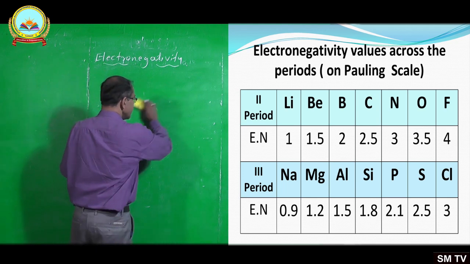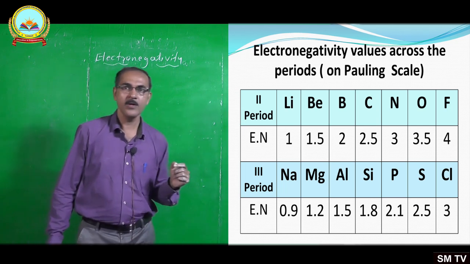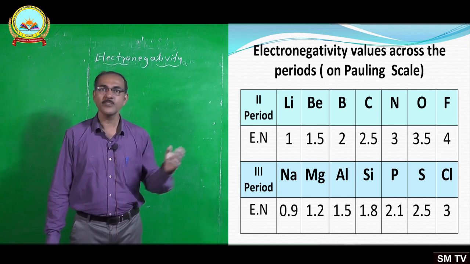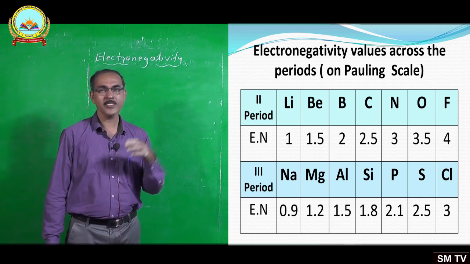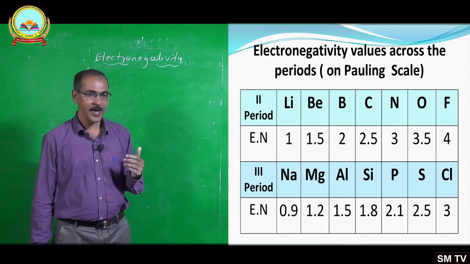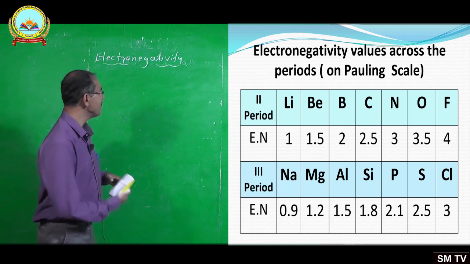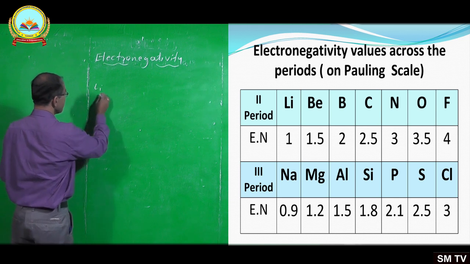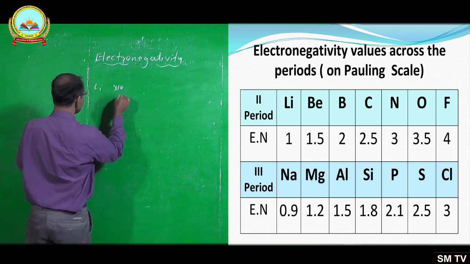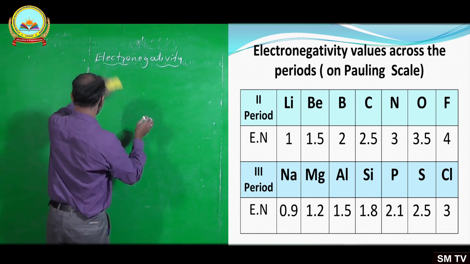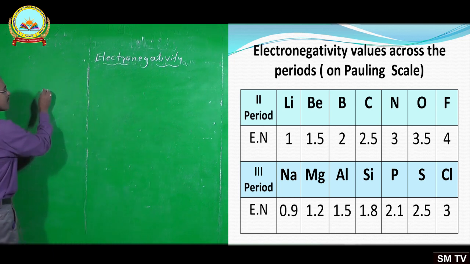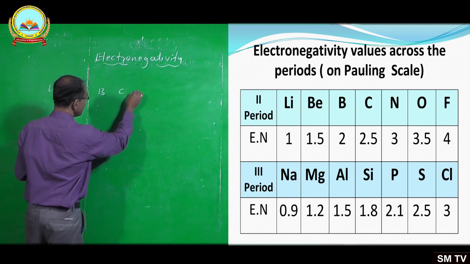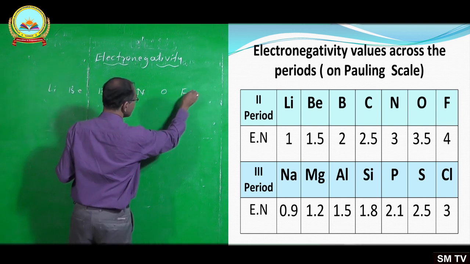Different scales are given to compare the electronegativity values for the elements. One is the Mulliken scale, another is the Pauling scale, and other scales are also there. Let us see the Pauling scale. You have lithium, beryllium, boron, carbon, nitrogen, oxygen, fluorine.